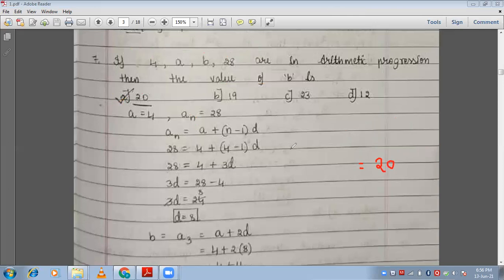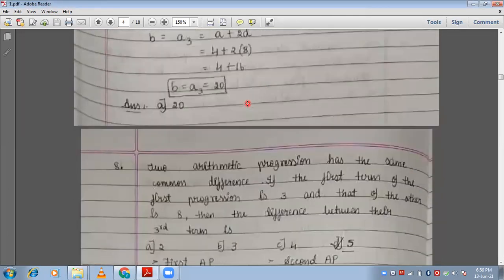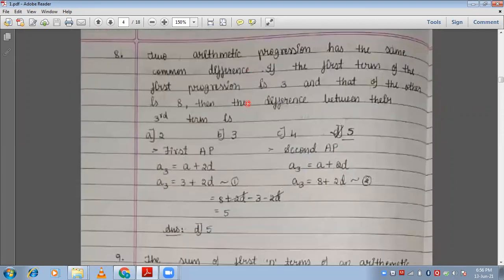Next sum. Two arithmetic progressions have the same common difference. Observe the two arithmetic progressions.